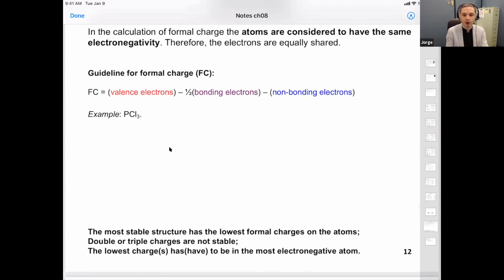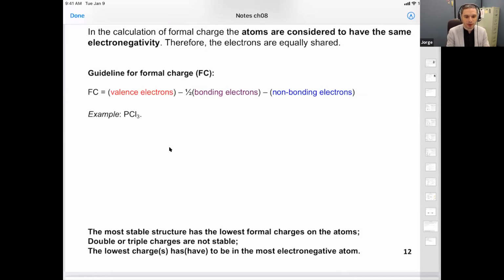And we are going to follow three rules to figure out if a compound is stable or not. First one, the most stable structure has the lowest formal charges on the atoms. Stable structures usually have formal charge equal to 0 for all the atoms.